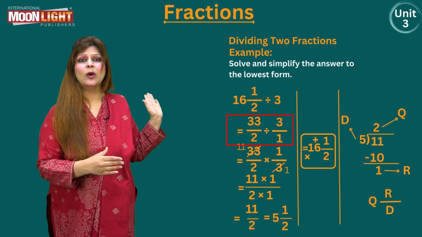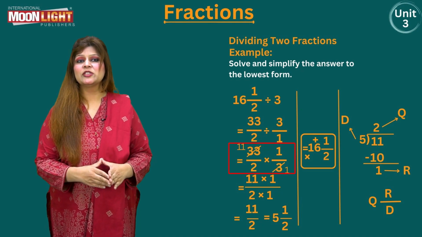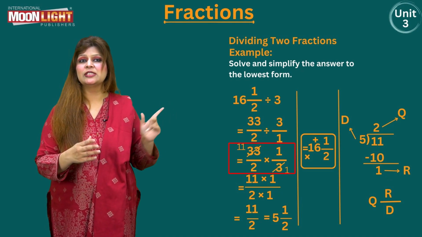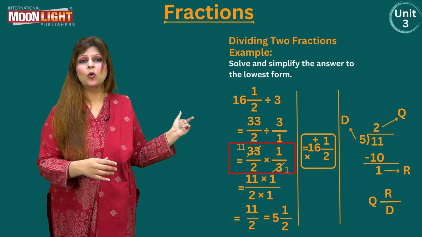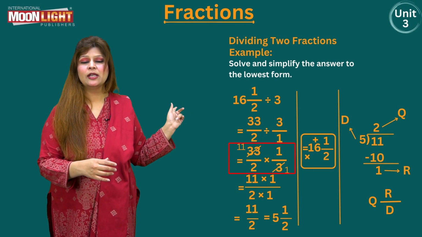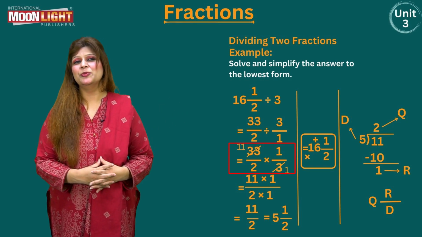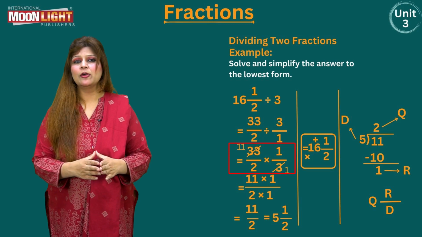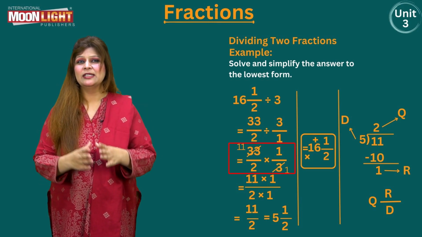So we have 33 by 2 multiplied by 1 over 3. This numerator is now the denominator and this denominator is now the numerator.